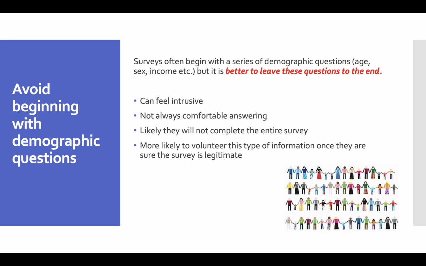You're more likely to volunteer this type of information once they're sure the survey is legitimate. So I always put my demographic questions at the back. And if you recall from our variables section, the demographic questions are things like age and income and sexual orientation, gender, things that people may not be comfortable with giving you up front.